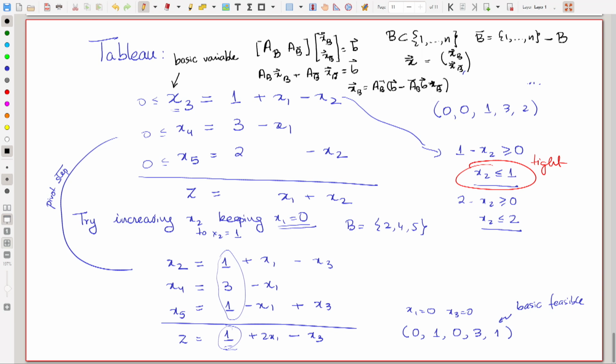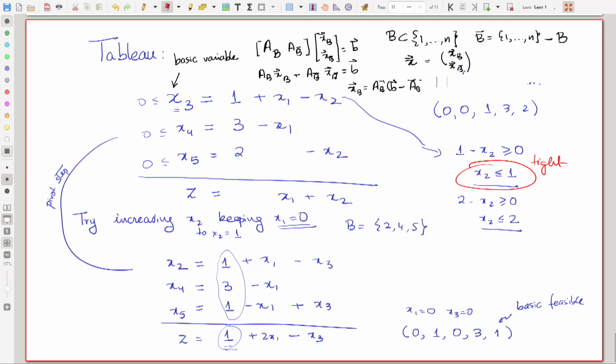So, there are the B variables and the B bar variables, right, and we have Ax equal to b. So, that means A_B x_B plus A_B bar x_B bar is equal to b, right. So, that means A_B x_B is b minus A_B bar x_B bar. So, x_B is A_B inverse times b minus A_B bar x_B bar. Oh, this is not a b bar, this is a vector b, okay.